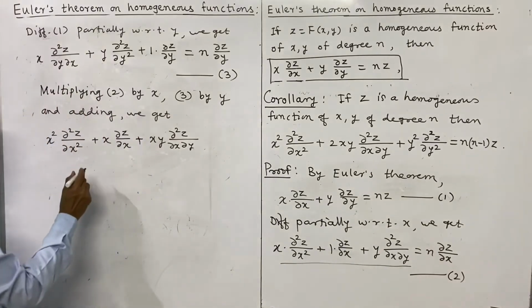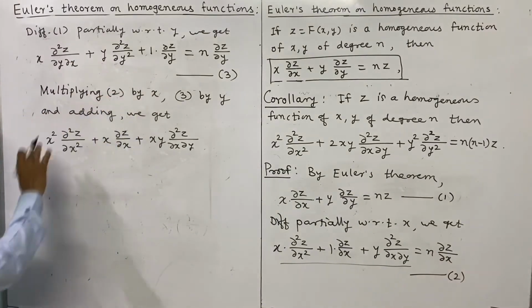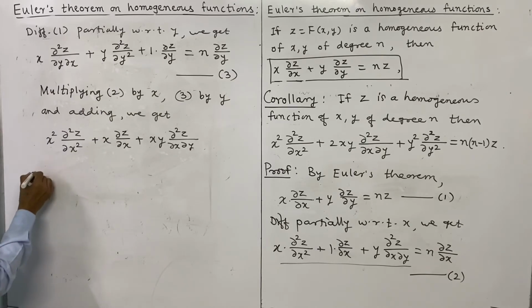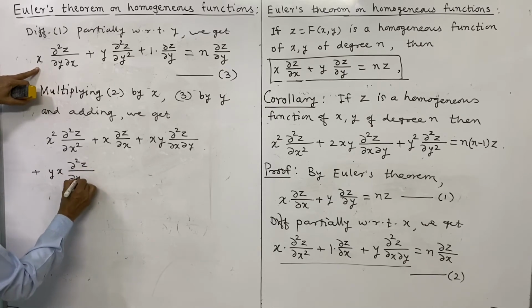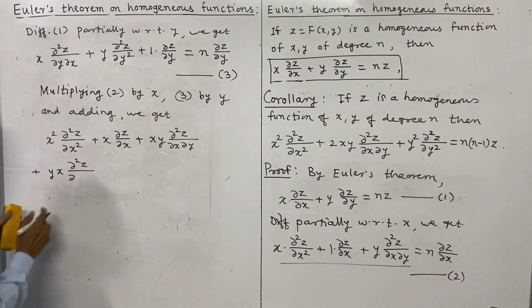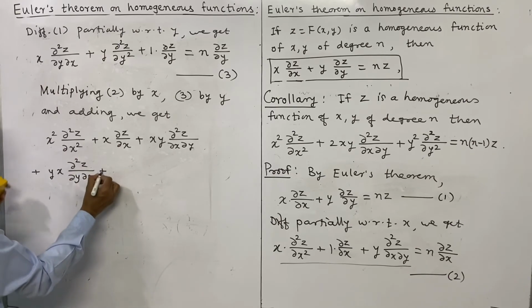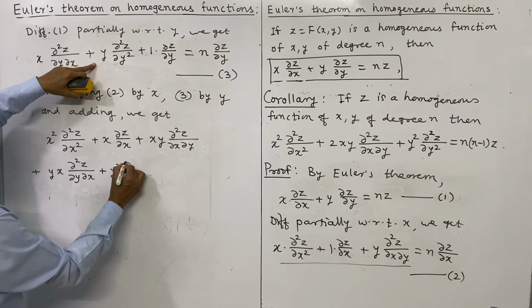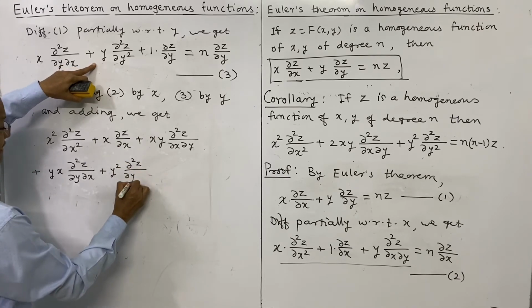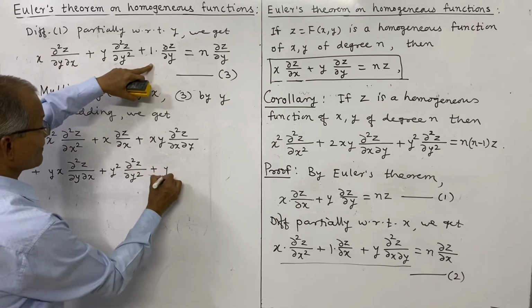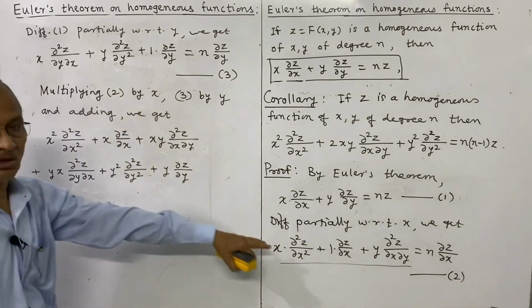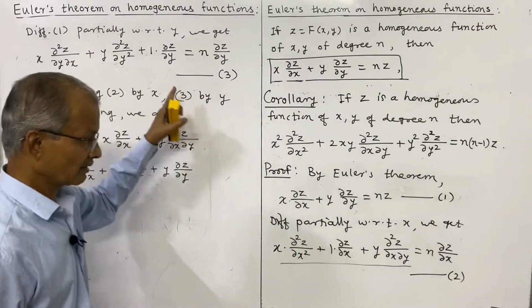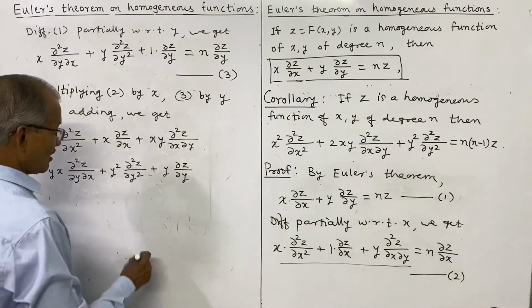Now plus I shall write the product of the left side of 3 with y: y into x dou square z by dou y dou x, plus y into y, that is y square dou square z by dou y square, and plus y dou z by dou y. So this much is the addition on the left side of 2 and 3.